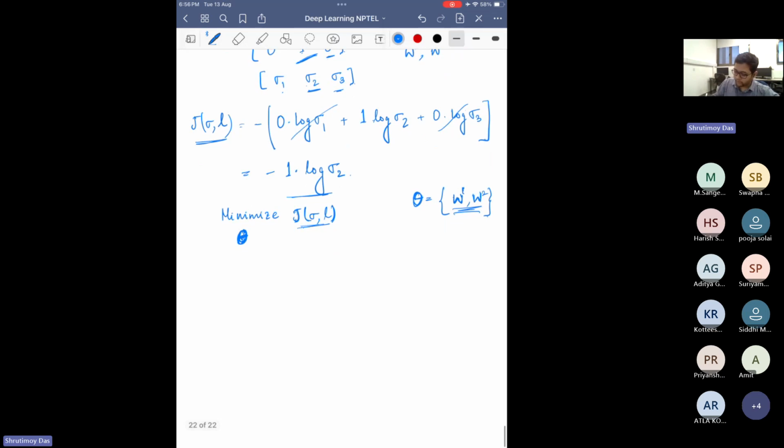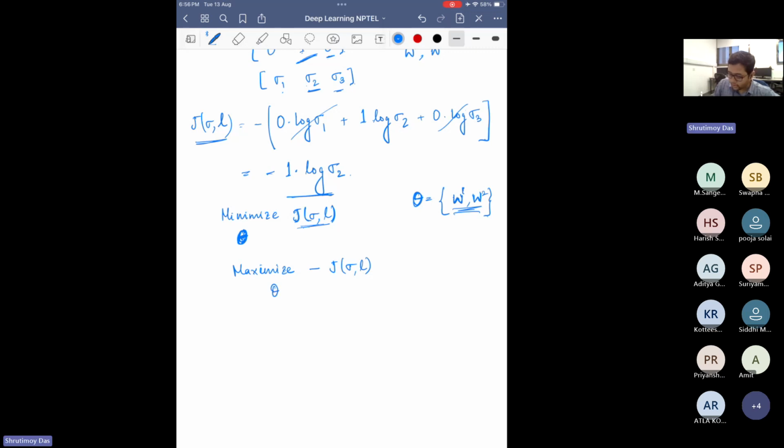Look at this. There is an interesting thing to see here. You have a negative quantity which you want to minimize. If I reverse the sign, instead of minimizing this, can I also say I want to maximize minus of J of sigma?